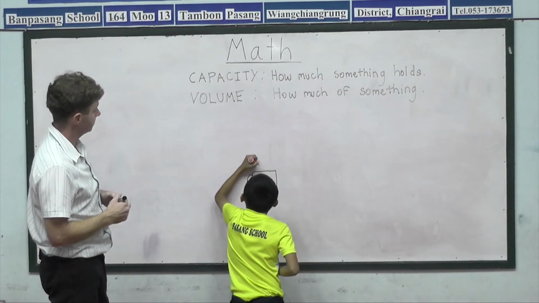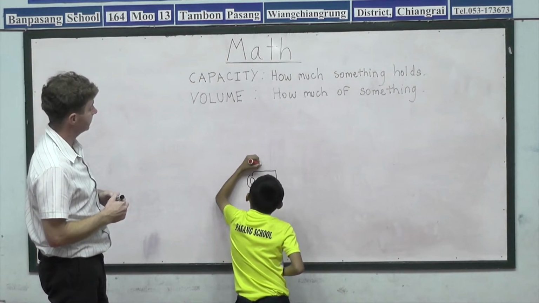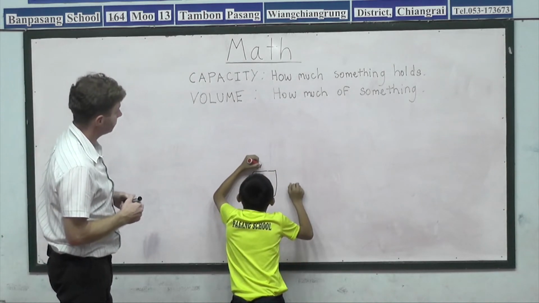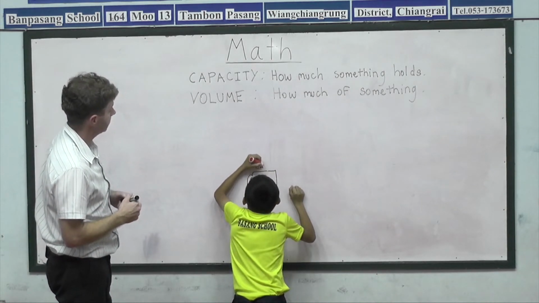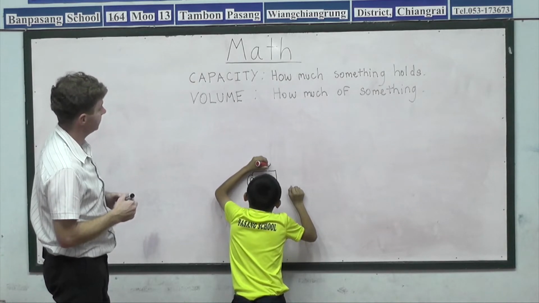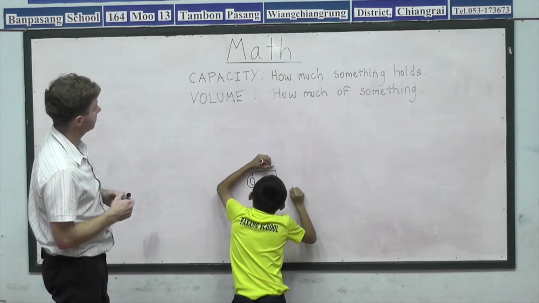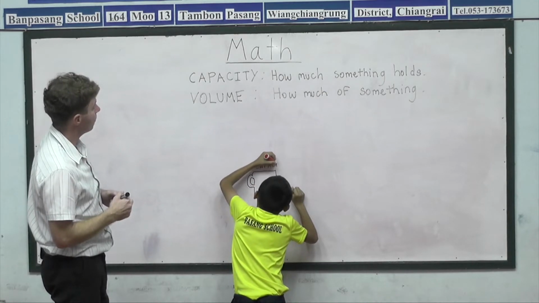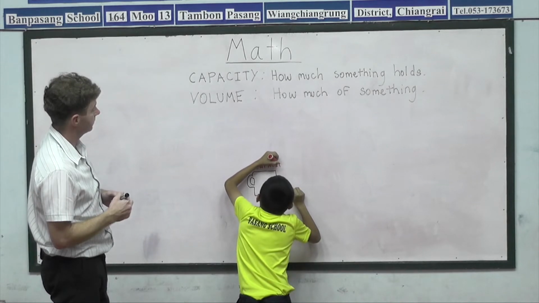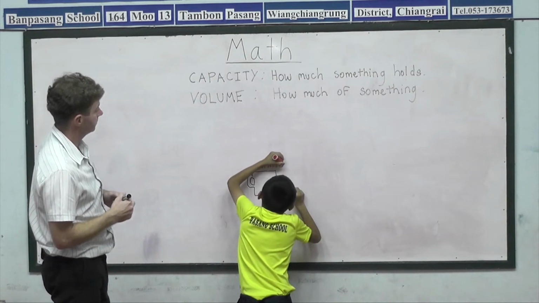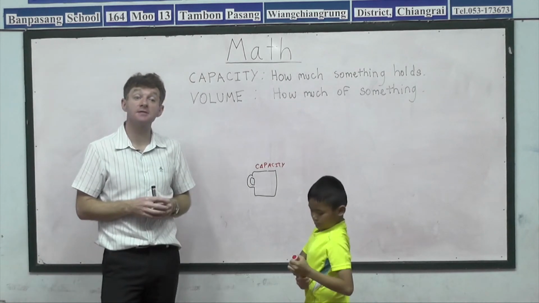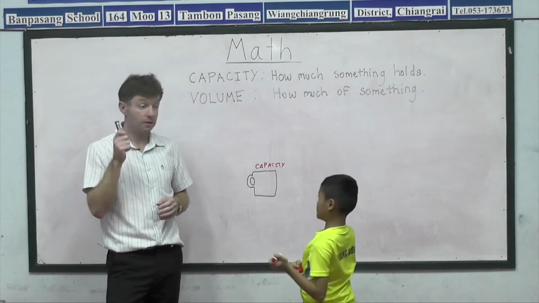C, A, P, A, C, I, T, Y. Capacity. And what are we saying our capacity is? 100 liters.